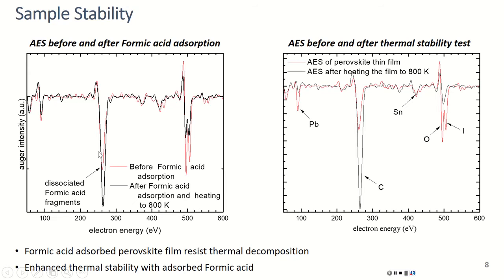You can see the intensities are quite different, but still we have the perovskite structure here. But without the formic acid layer, the structure is completely decomposed, completely destroyed. So we don't have the perovskite anymore. With the same temperature, we have some improved stability. That was the main thing, I guess.